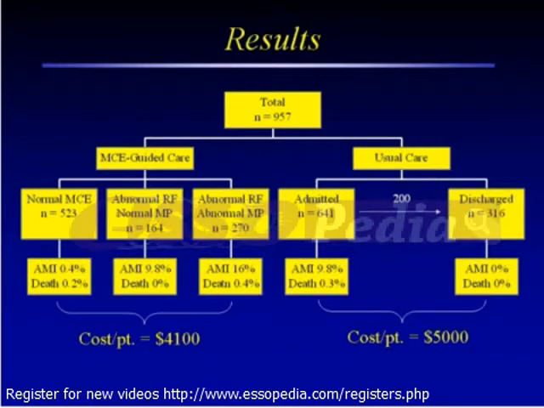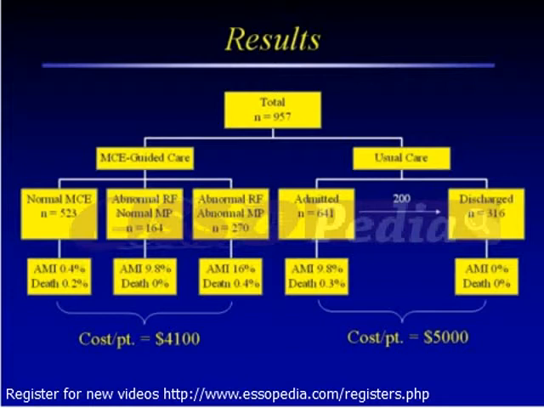So overall, 95% of patients had a prolonged stay either in the emergency department or during a hospitalization before they were discharged. Of the 641 patients who were admitted to hospital, 200 were discharged within 24 hours. The total cost per patient using usual clinical criteria to guide their care was calculated at $5,000 per patient.